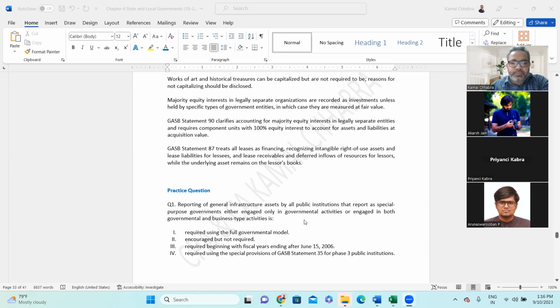Where should they report? Required to use full governmental model, encouraged but not required, required beginning with the fiscal year ending after June 15, 2006, or required using special provision of GASB Statement 35 for the Phase 3 public institution. Which one they need to use for the disclosure?